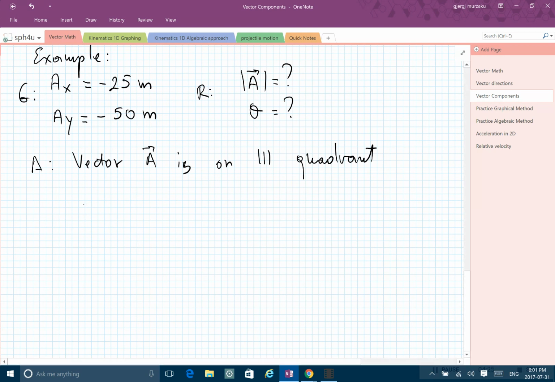So here is Y, and here is X. Actually, X is only half, just so we can have a clear idea. So this is AY, this is AX. Our vector is like this.